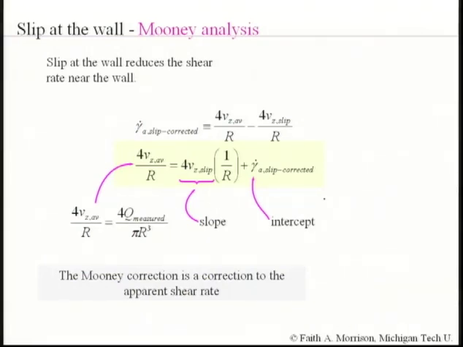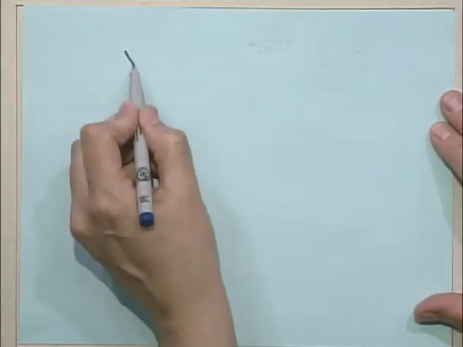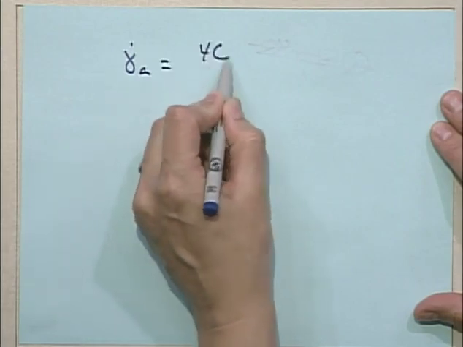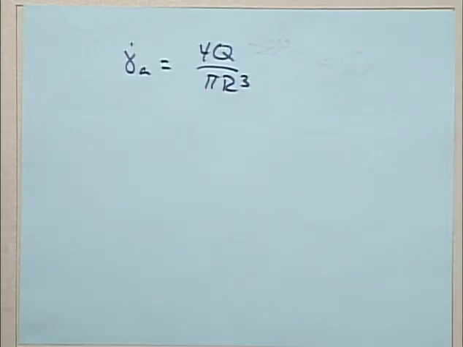We can relate these by considering the difference between the average velocity without slip and the average velocity with slip. So remember, the apparent shear rate, gamma dot A, is equal to 4Q over pi r cubed.